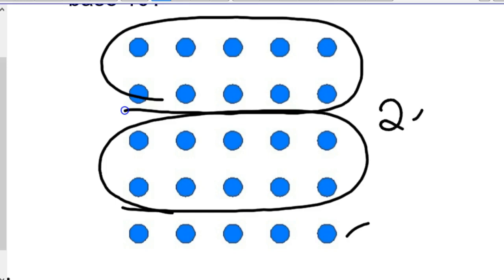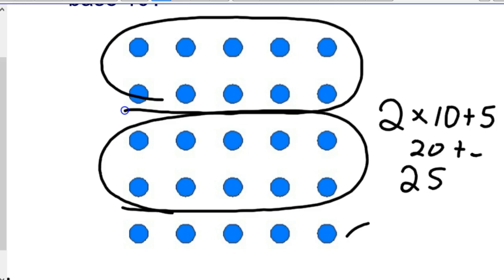So 2 times 10 plus 5 is really how we look at this in base 10, or 25, because 2 times 10 is 20, plus the 5 dots that aren't a set of 10. So that's the fundamental part of it.